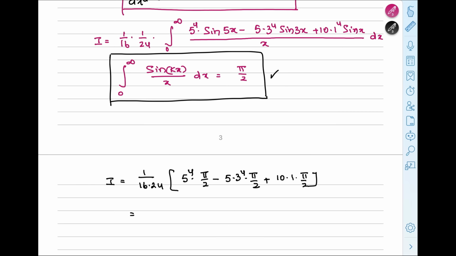This value will be 1 by 16 into 24 into pi by 2 into 5 to the power of 4, which is 625, minus 5 into 81, which is 405, plus 10.